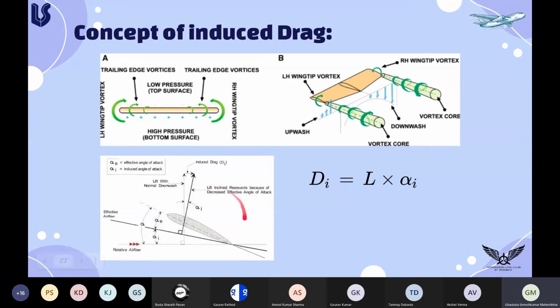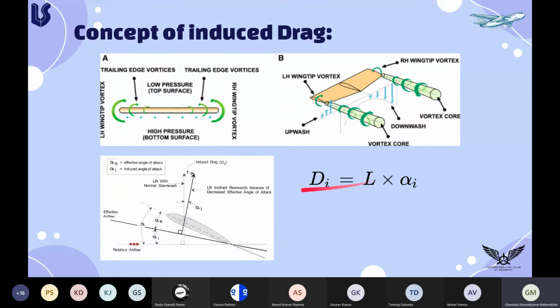If alpha is very low, then sin alpha is approximately equal to alpha, so we are not going to define that.